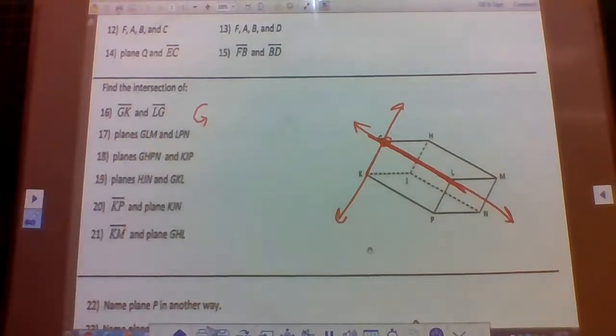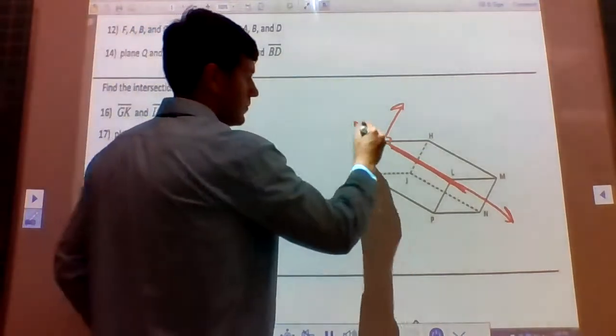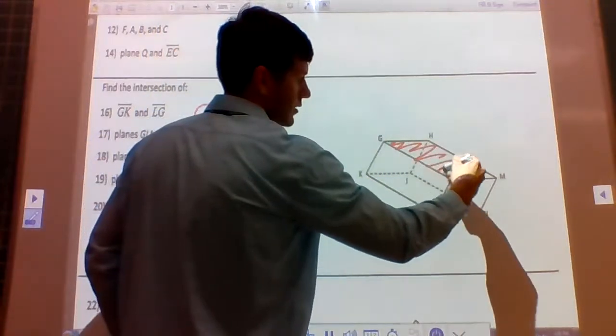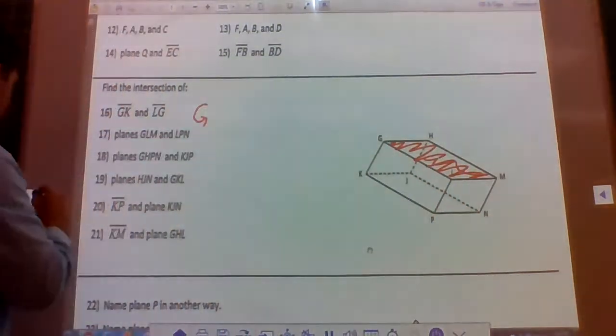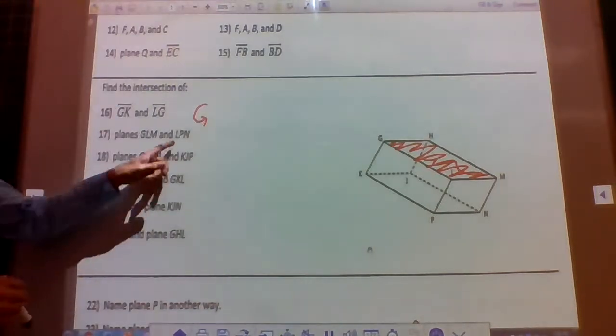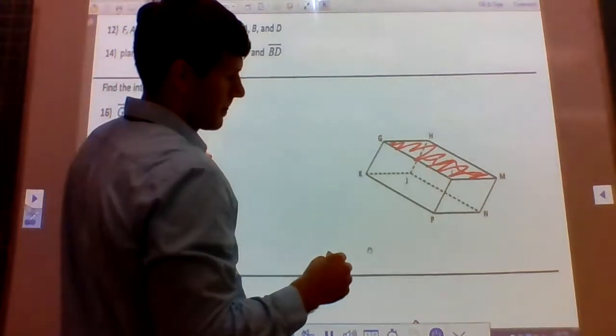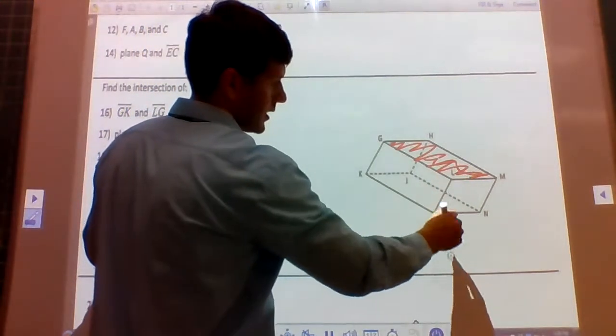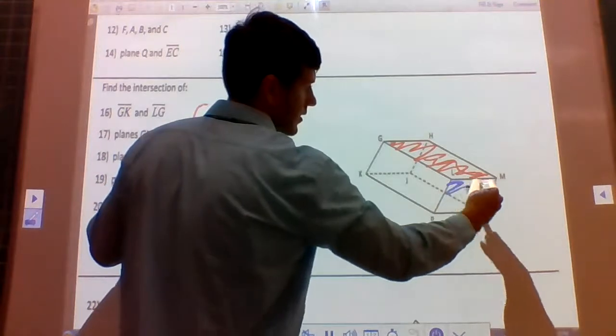Planes GLM, so that's the top plane of our cube, and LPN, so that's the front.